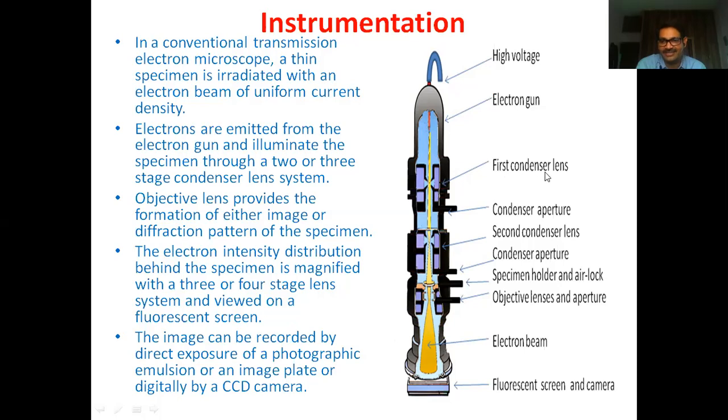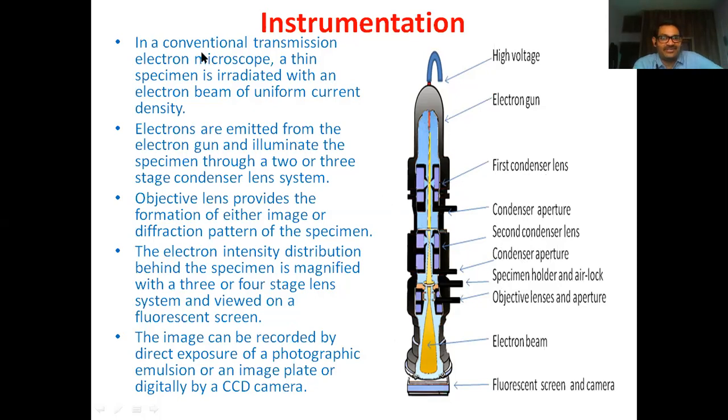We have the condenser lens, which directs the scattered electrons in one direction, condensing and focusing them on the specimen. Here is the specimen holder, and here are the various condenser lenses.